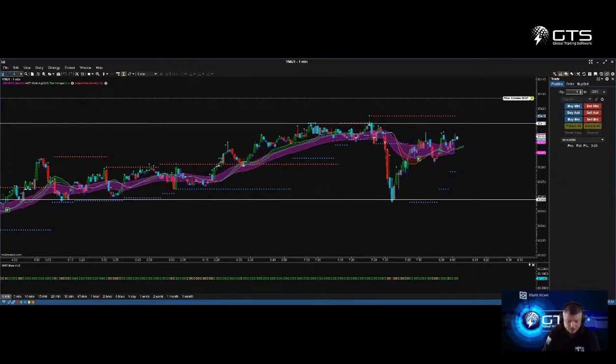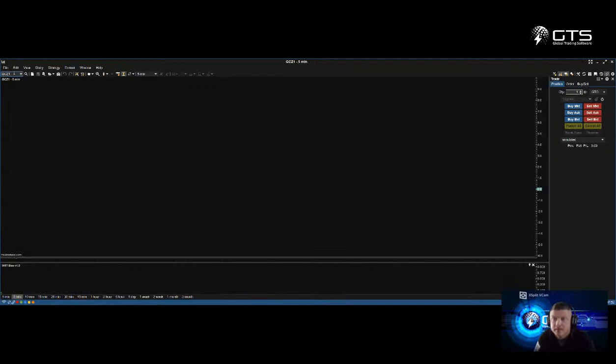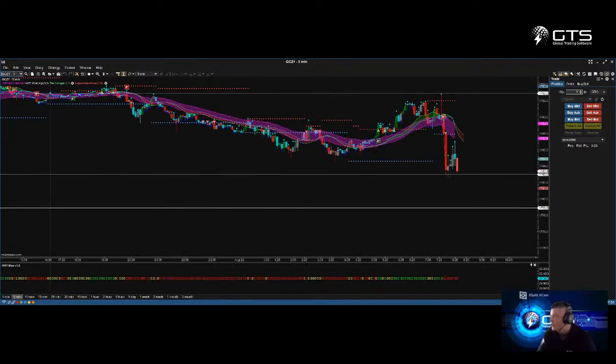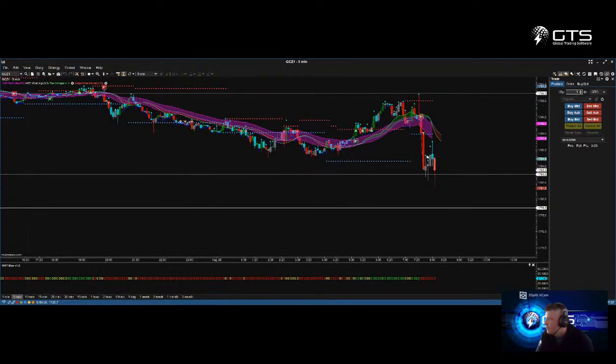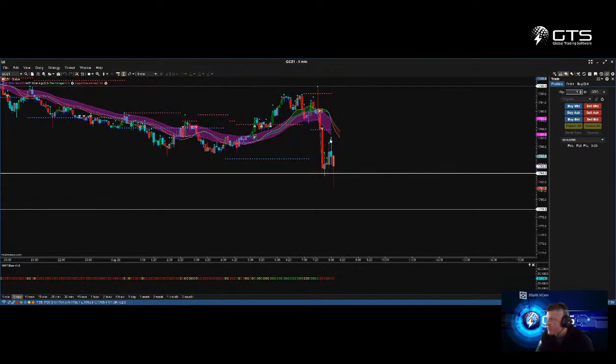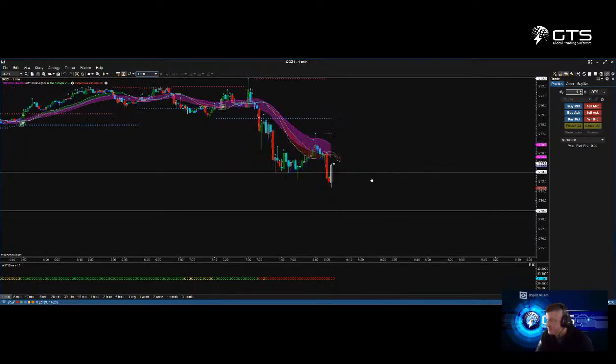Sweet. Let's ease back over to gold. Gosh, dog, look at that. I see we were just right here 5 minutes ago. Look at these 1 minute candles. Boom. Boom. 3 minutes.